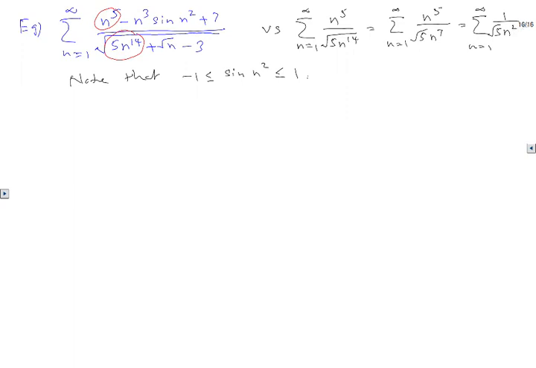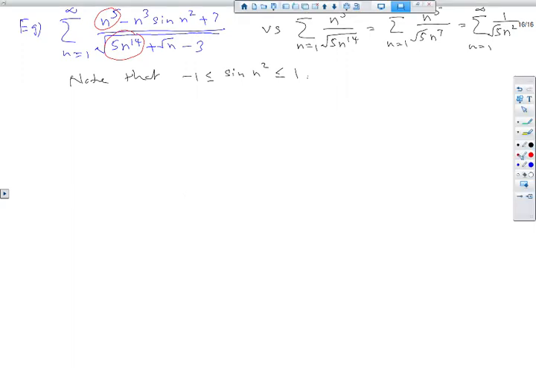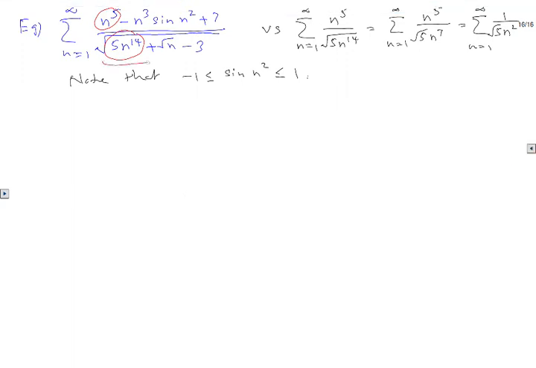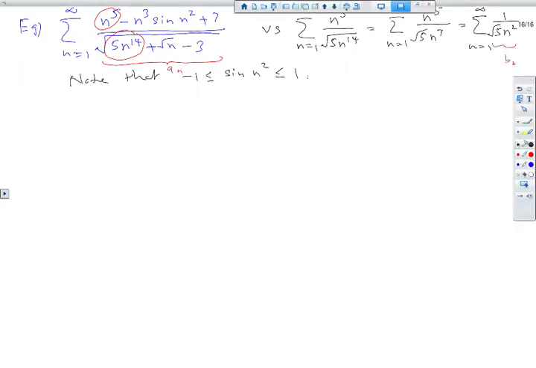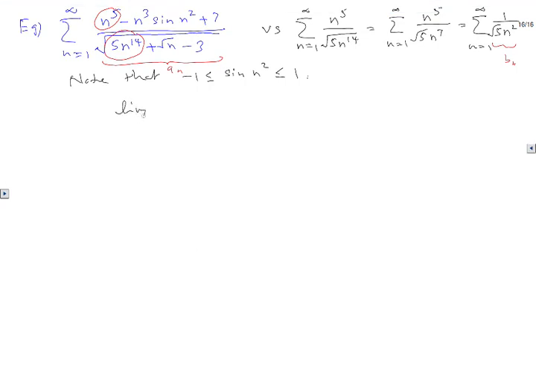So in this case, we call this whole term an, and we're going to call this bn, so we can take the limit as before. The limit as n goes to infinity of an over bn. I'm not going to write an this time because it's too much.